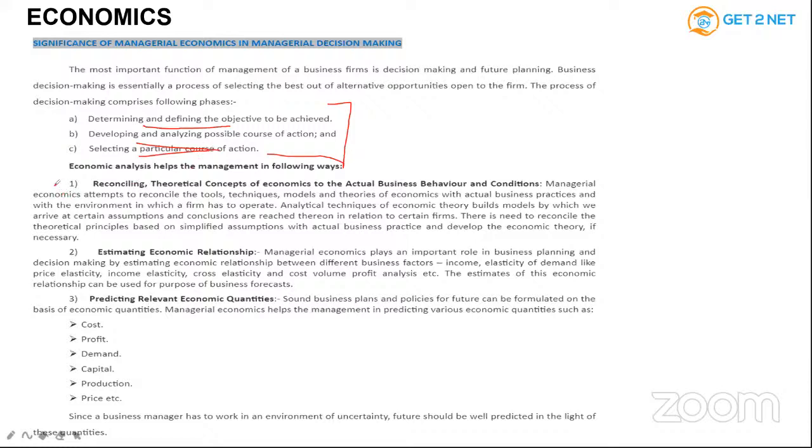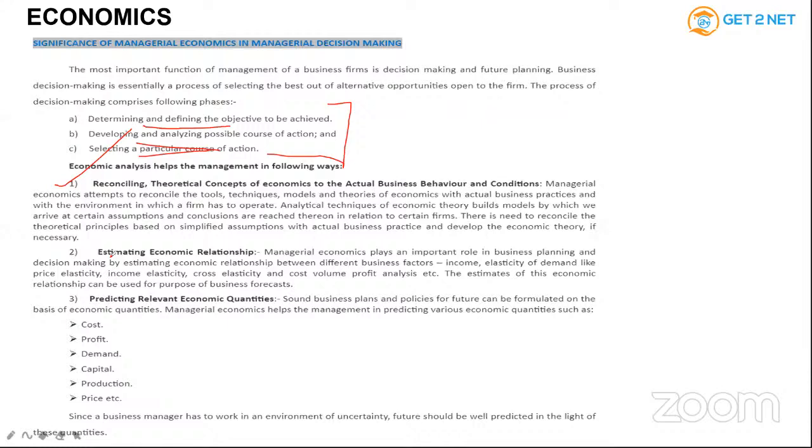First is reconciling theoretical concepts of economics to actual business behavior and conditions. Obviously, we are applying the theoretical concepts to actual business conditions, and then we go for decisions. Next is estimating economic relationships.